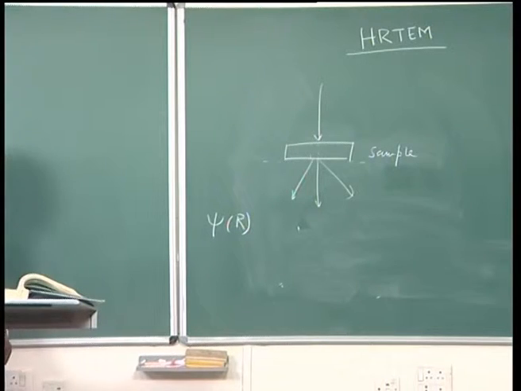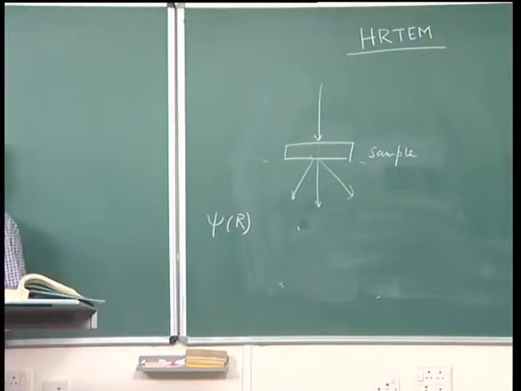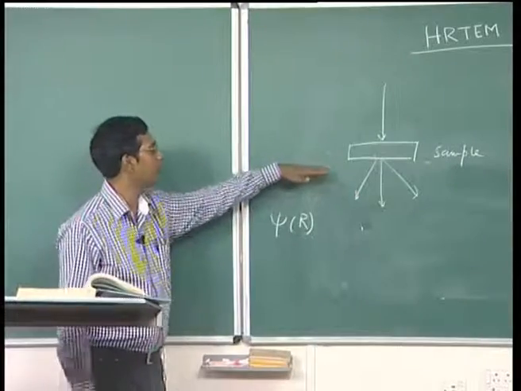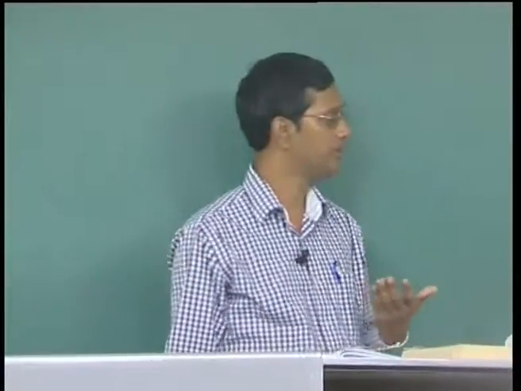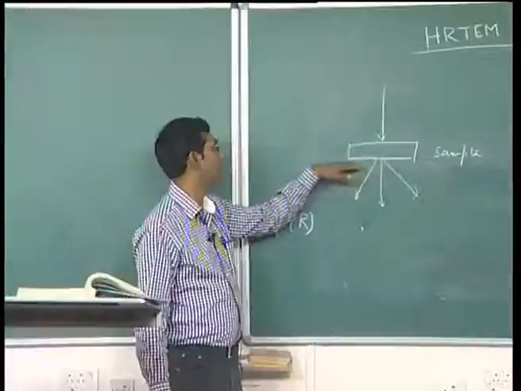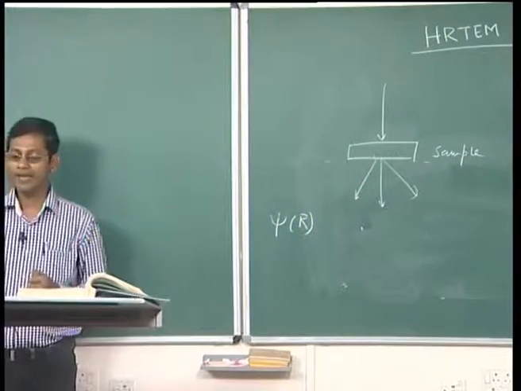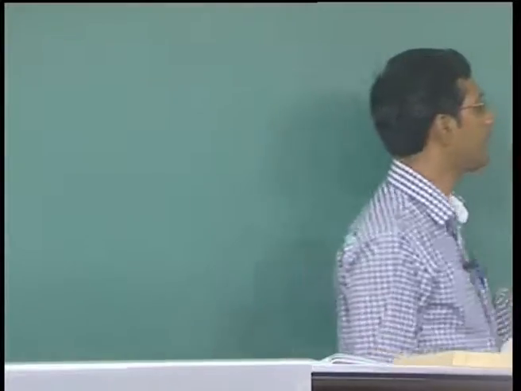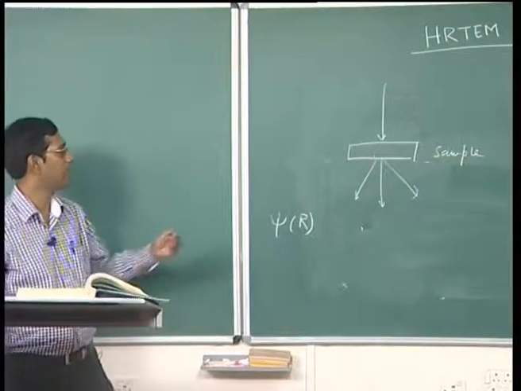We can write this, where r is the exit plane and psi is the electron wave function. With this consideration, we can think of the wave function as a planar source of spherical waves, Huygens type, at the exit plane, a source of light or electrons at the exit plane.